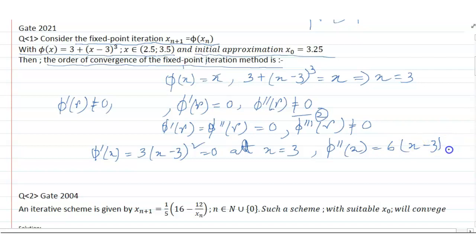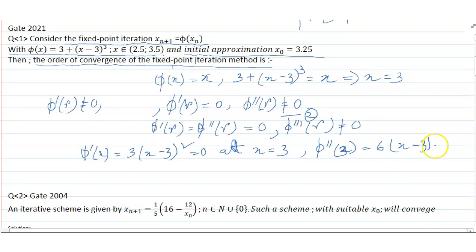It will be 0 at x = 3. φ''(3) is equal to 0. So friends, φ'''(3) = 6, which is not equal to 0.